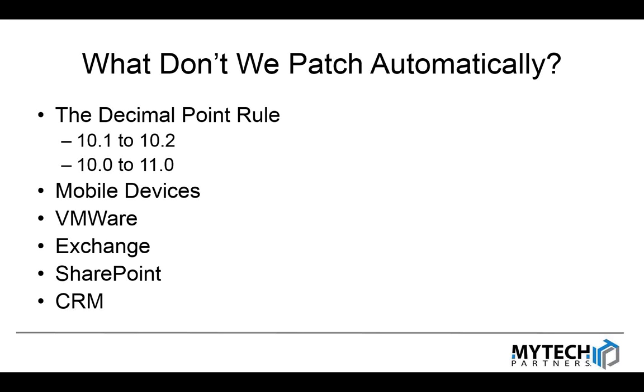Some other things are common vendor software like VMware, a very common virtualization infrastructure software, as well as Exchange, SharePoint, and Microsoft CRM. It's not to say that we won't ever do that, but we're going to do that on demand. If we evaluate those on a separate basis, rarely are they giving you security feature updates.